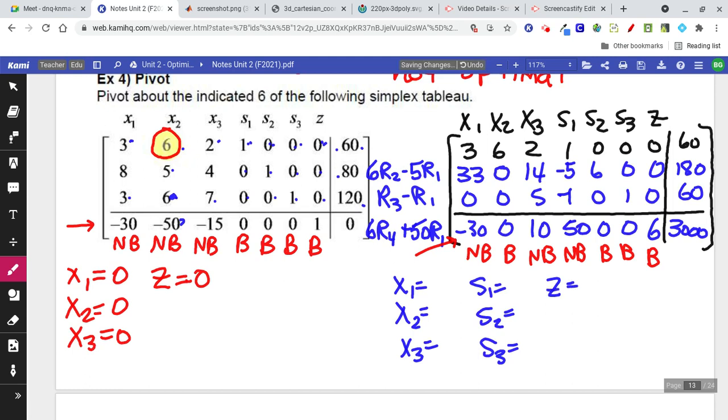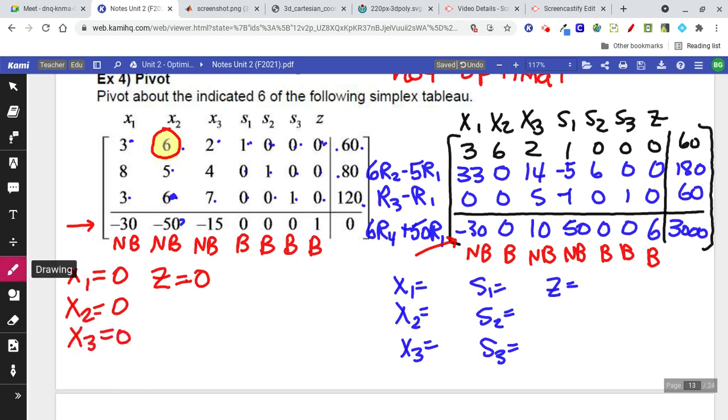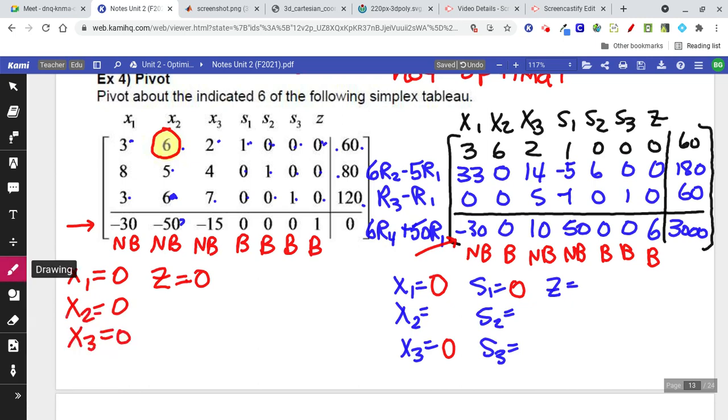Okay, so the non-basic variables all have a value of 0. So I can see x1 is non-basic and x3 is non-basic and S1 is non-basic. So all the non-basic variables have a value of 0. But for the basic variables, you can find the values similar to Gauss-Jordan. So if you think about it, there's only one number in X2, only one non-zero number.